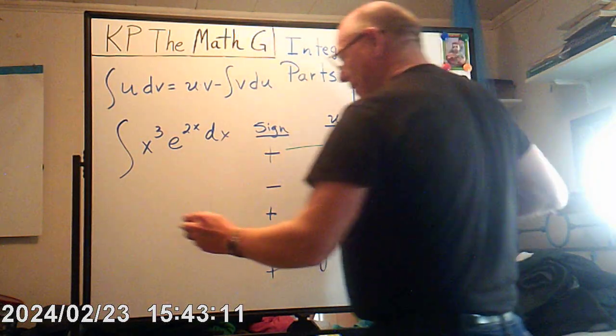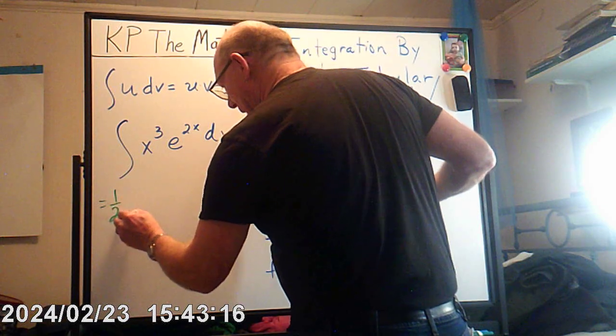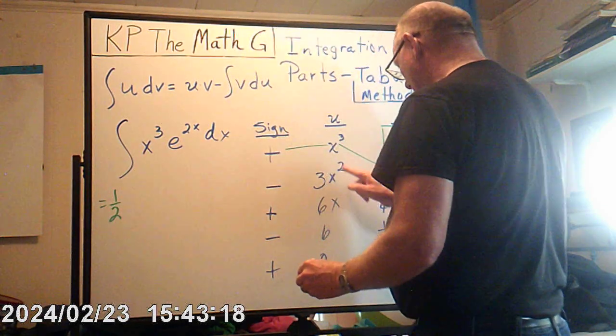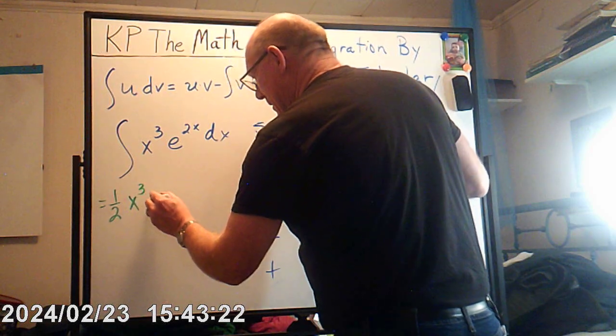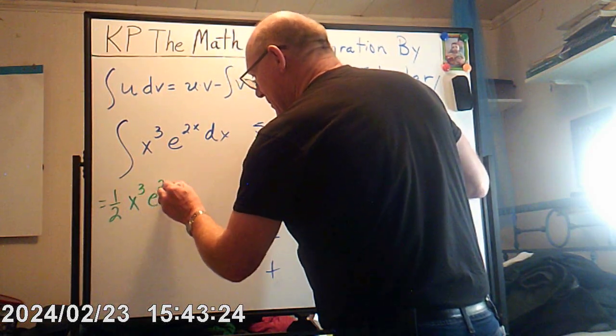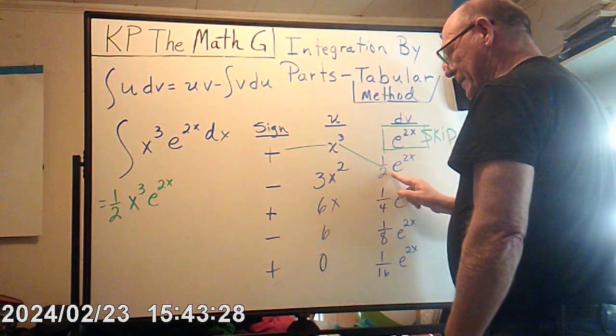So let's put it down as 1/2 x cubed e to the 2x. That's that one.